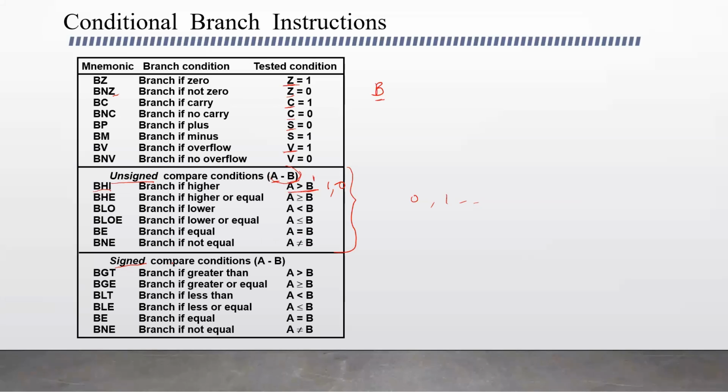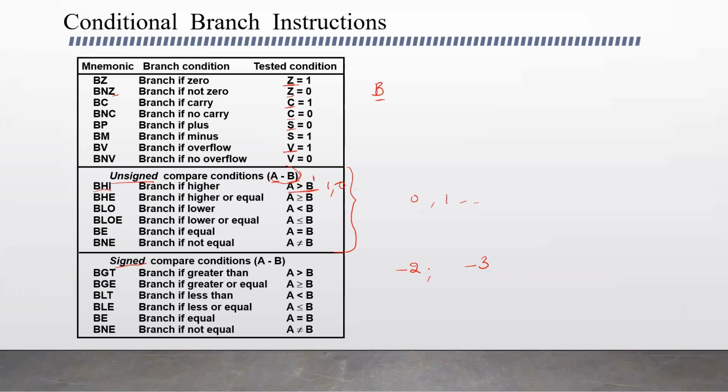And for signed numbers, the conditions are compared and branching is done by the instruction BGT. The mnemonic used is different here. It is greater than. Why do we use greater and less here, and higher and lower there? Suppose A is -2 and B is -3.